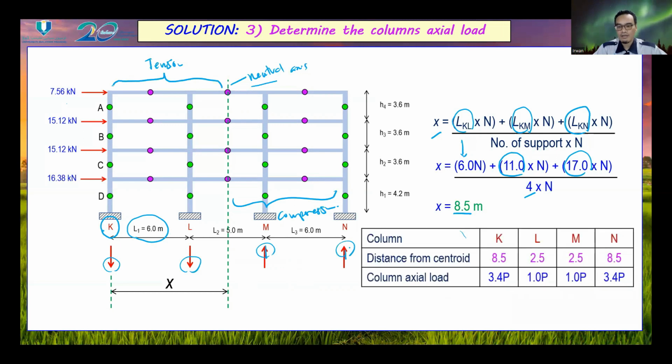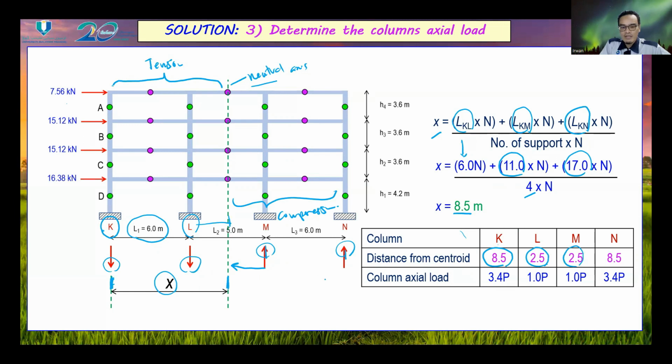Then we can calculate the ratio of axial load by using this method, where the distance of column K to the centroid is equal to 8.5 meter. So this is the centroid, and this is the location of column K, so the distance is equal to X, which is 8.5 meter. And then the distance of column L to the centroid is equal to 2.5 meter, which is similar to the distance of column M to the centroid.